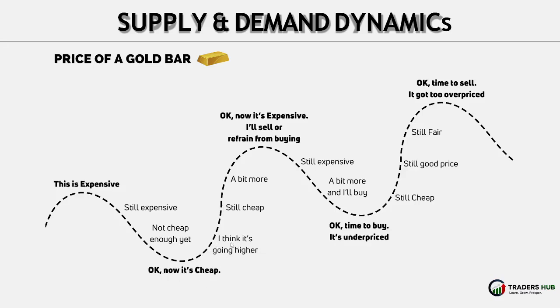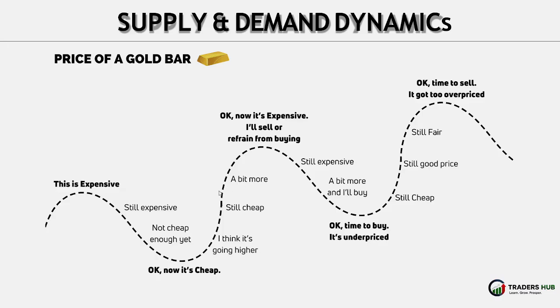It is from this level you can expect it to go higher, and at this level, since we have not passed the previous expensive level, the price is still cheap.